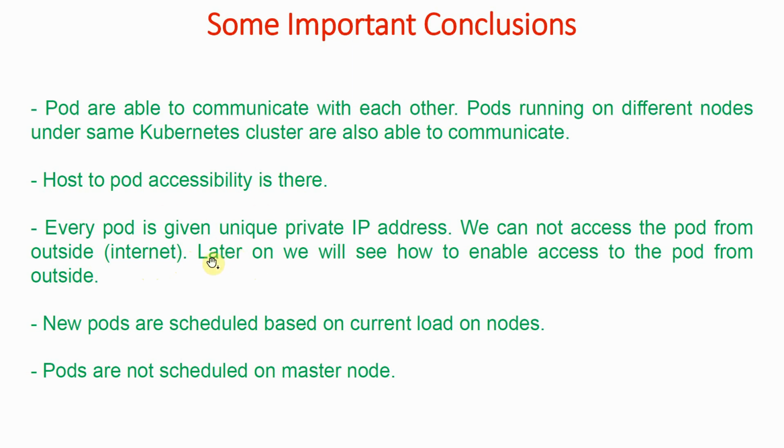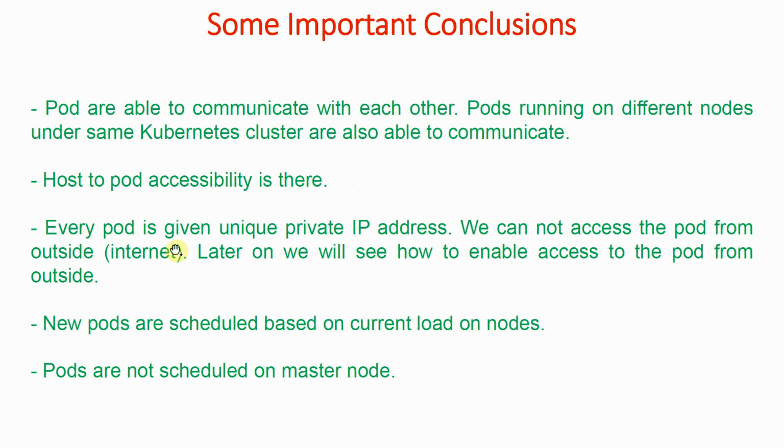But till now, with the concepts we have learned, it is not possible. But later on we will see which other object we have to use for sending the traffic to the pod. New pods are scheduled based on current load on nodes. Pods are not scheduled on a master node. So those are some important conclusions.